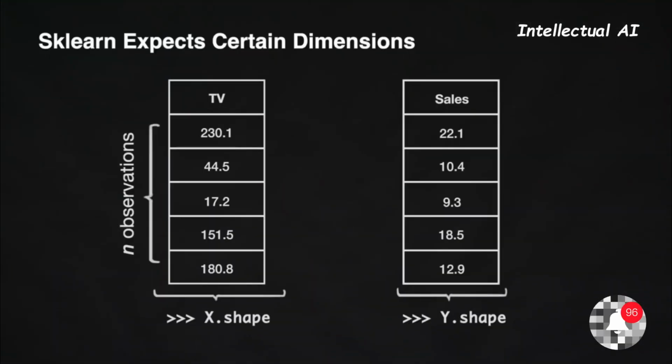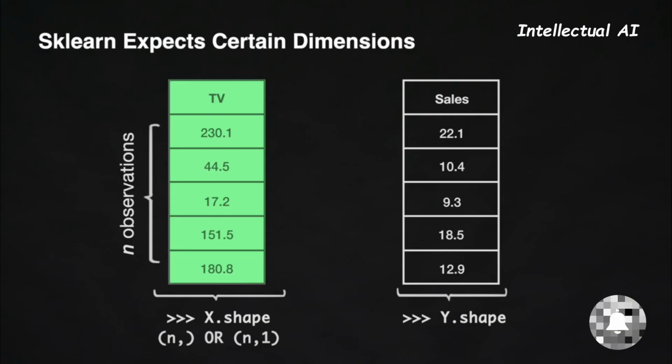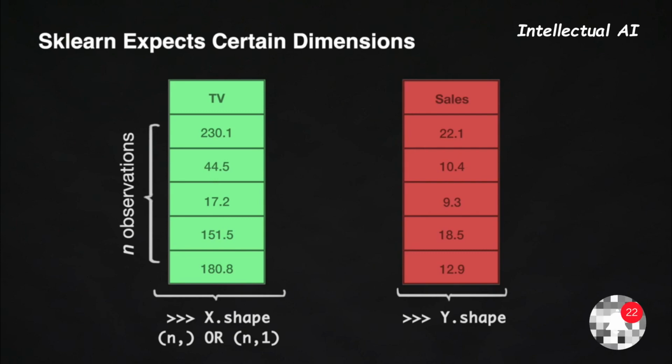Just to simplify things, for the rest of this segment, we're going to be talking about one predictor. In the next section, we start talking about multiple predictors. If we only consider one predictor, in this case the TV budget, the shape of the data matrix should be n, 1 or n, and the response variable will, of course, remain the same, n, 1 or n.